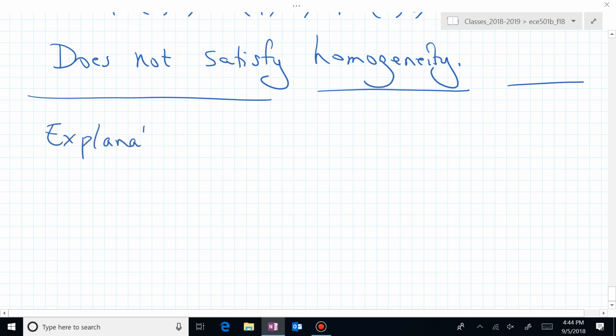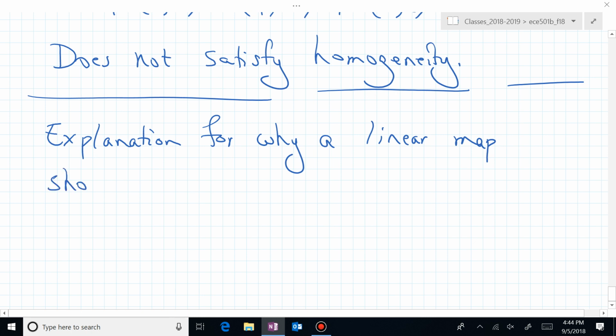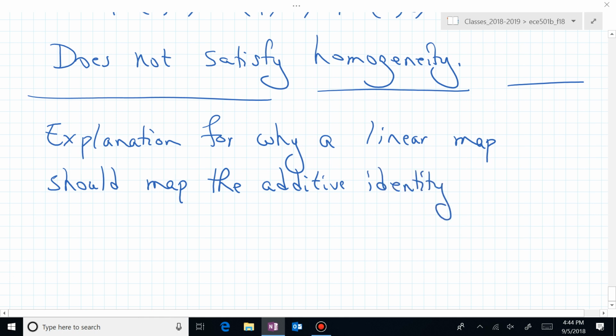Here's an explanation for why a linear map should map the additive identity onto itself.